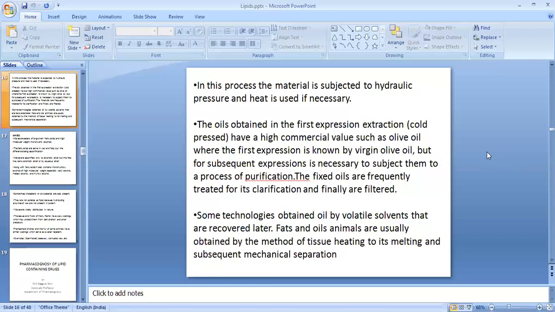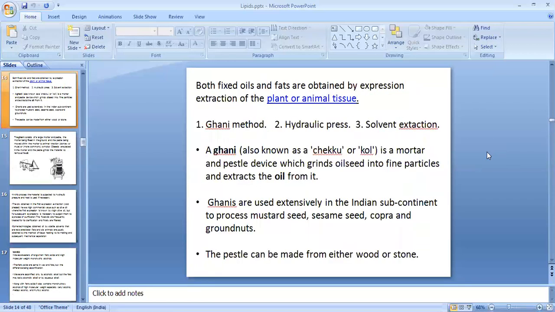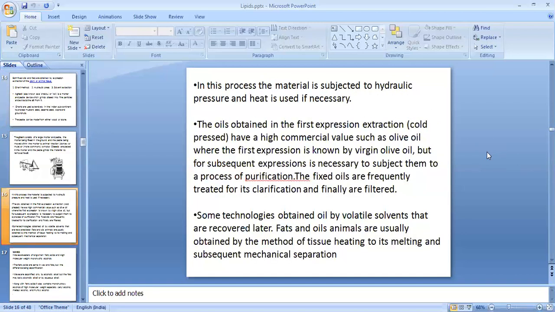So that is about the extraction of the fixed oils or fats, that is by the three methods. One is the mechanical method called as Ghani method, and the one which is driven by the motor, that is called as your hydraulic press, and the third one is the solvent extraction method.